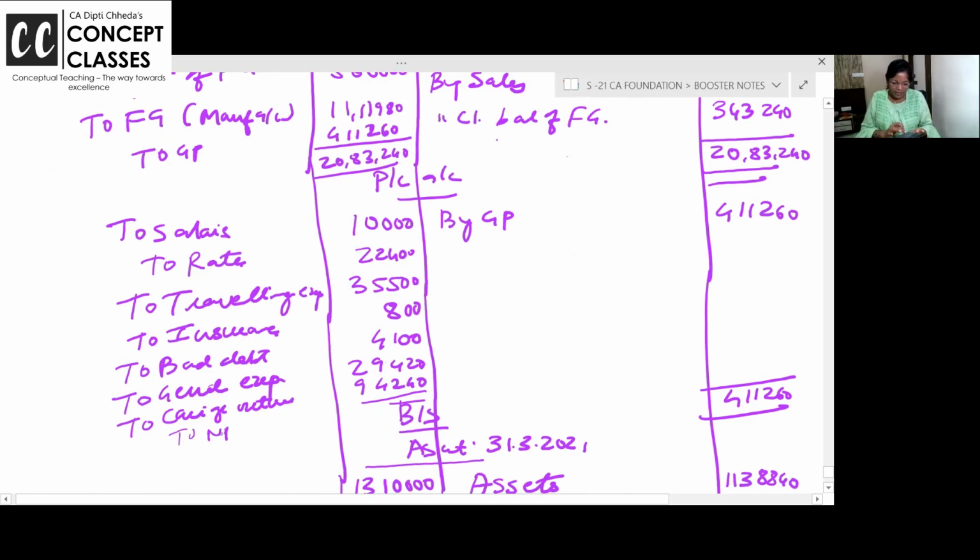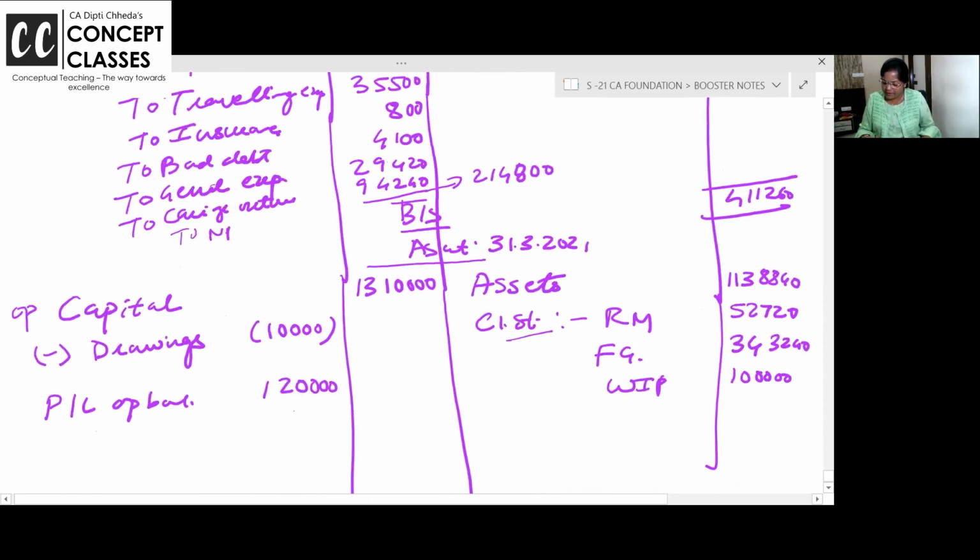देखो net profit आ रहा है, loss आ रहा है. 10,000, 22,400, 35,500, 800, 4,100, 29,420, 94,240. 2,14,800.